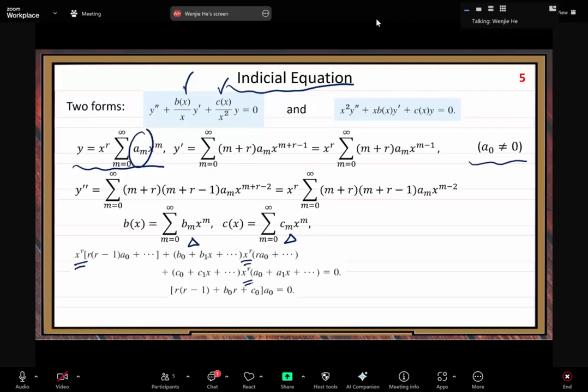But there is one thing: this equation must equal 0.